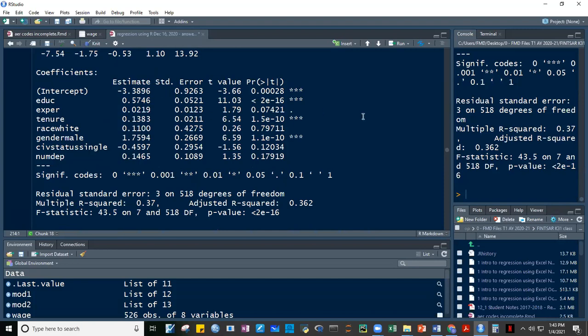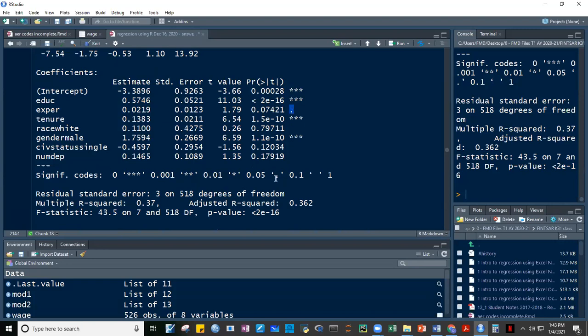Okay, individual test guys. Okay, education 0.54746, is it significant? Yes, significant at 0.001, 3 stars. Okay, our 3 stars is less than 0.001. Okay, and then sino pa? Experience, significant at, dot lang to.